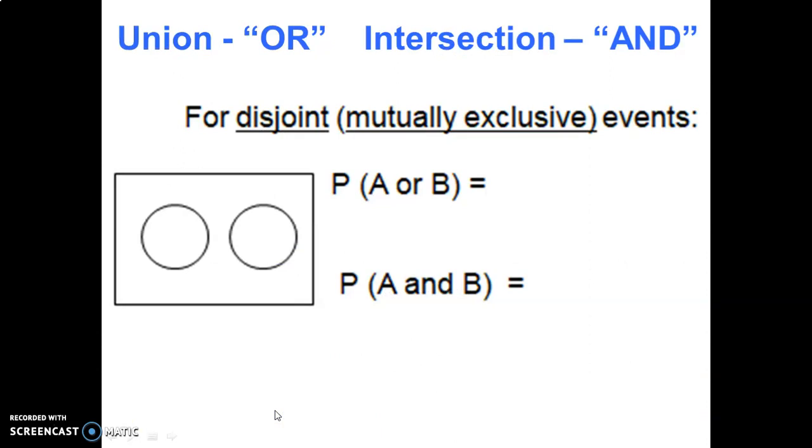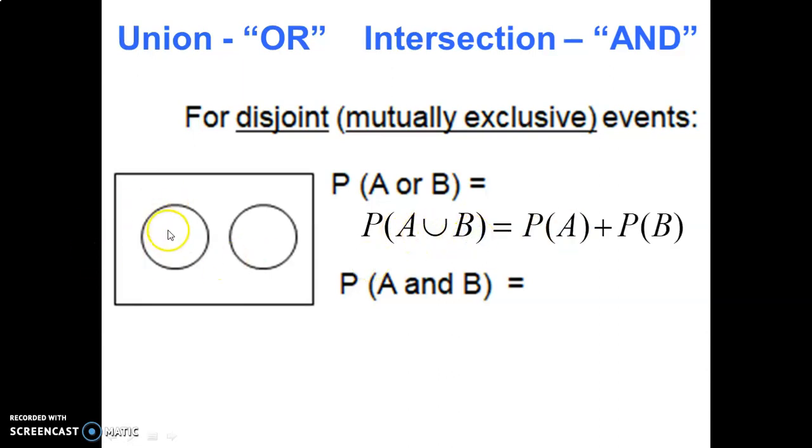All right, let's look at the formulas now. So for disjoint, which are mutually exclusive events, here's a diagram of that, right? We had the 2 circles that have no intersection. They are mutually exclusive. So for these events, the probability of A or B is the probability of A union B. And we find that simply by adding that probability with that probability.